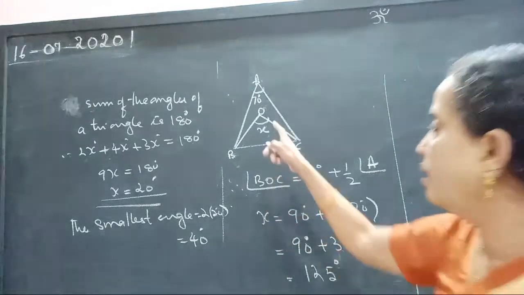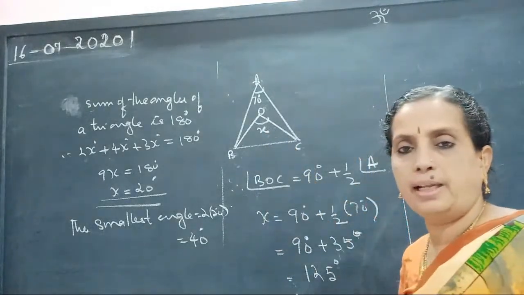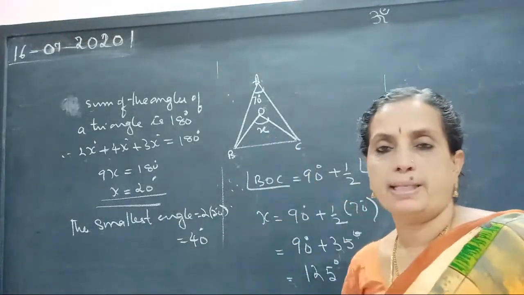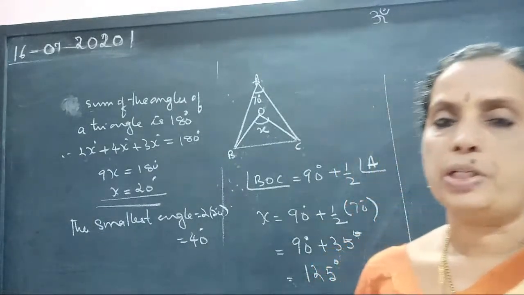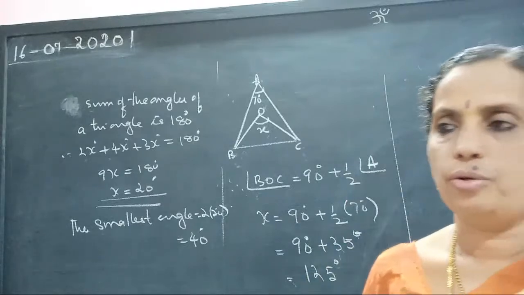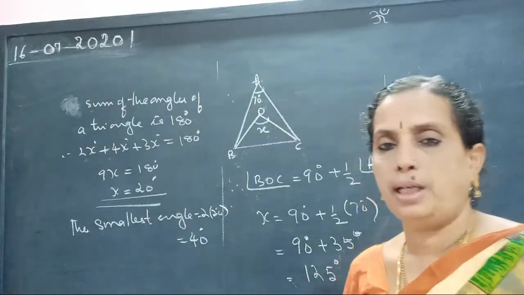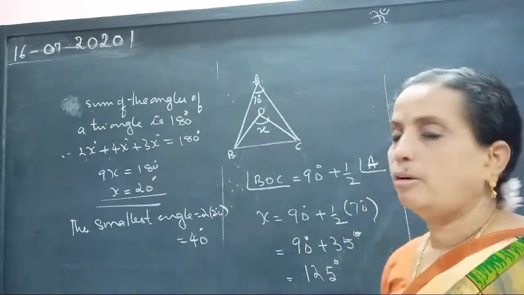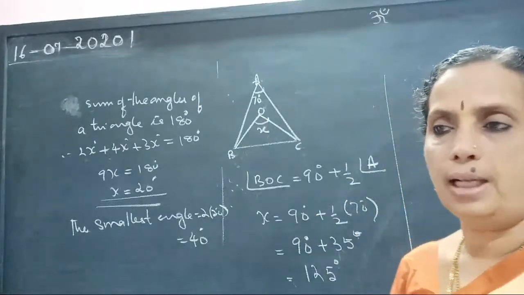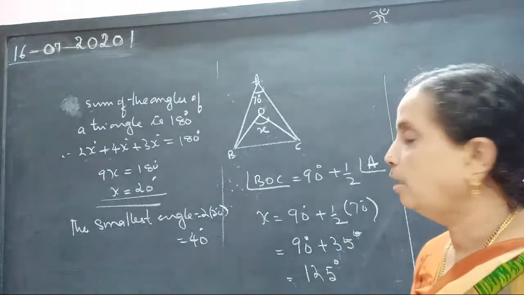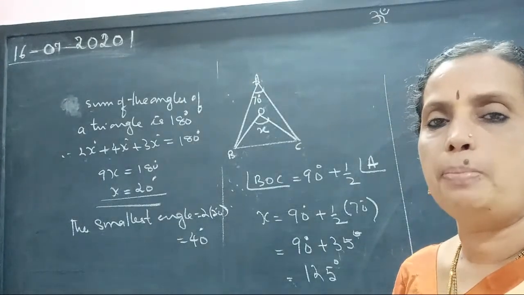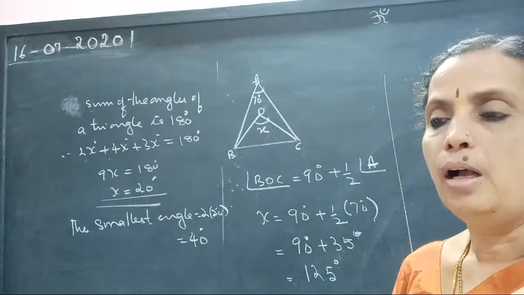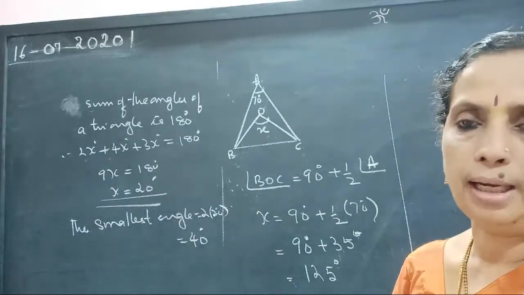To get only the value of x, we can apply the relation. The internal bisector. You have one more type of the proof, the external bisector. I didn't teach you that. That is an example question in the textbook. Interior angle bisector. Internal bisector of the base angle. Measure of that angle is equal to 90 degree plus half of angle A. How we have proved that in the earlier classes.